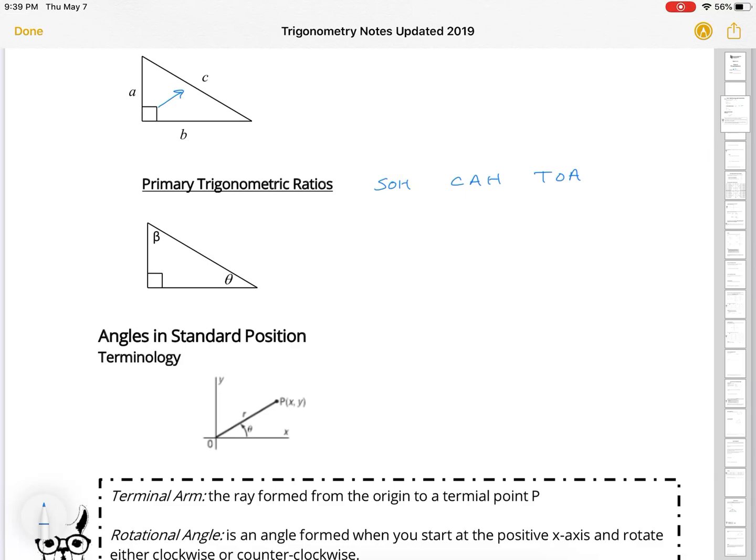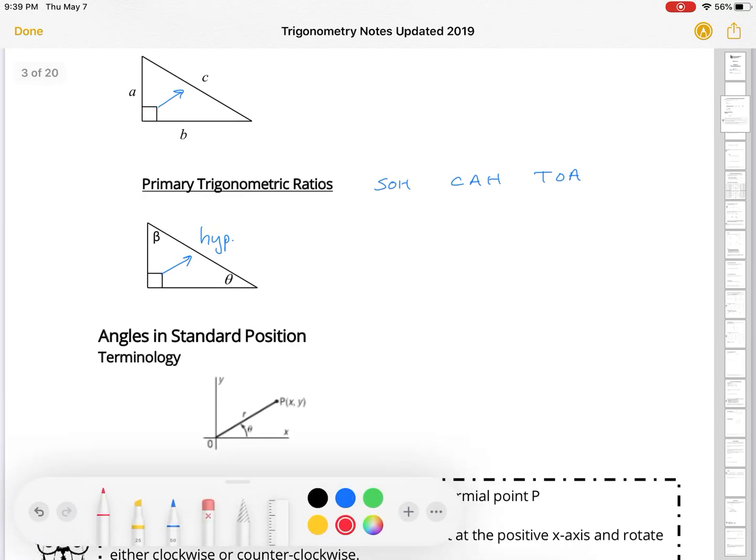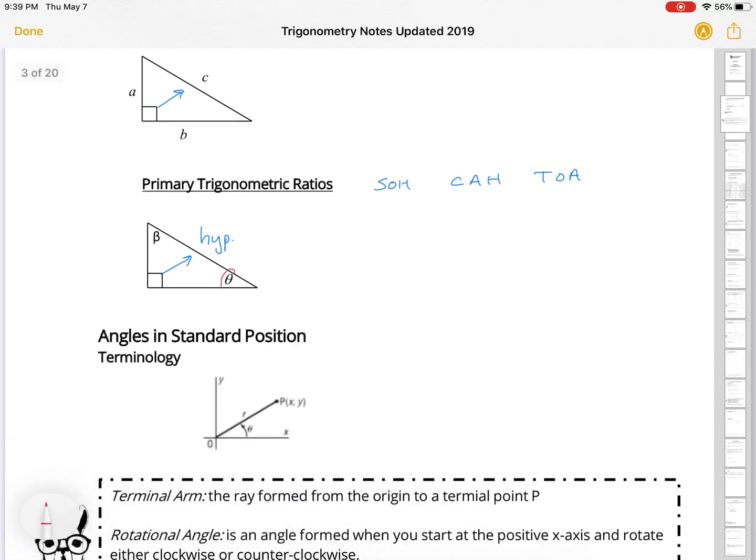We're also going to review our primary trig ratios. And we often use the mnemonic SOH CAH TOA to remember. If we're talking about an angle, this is our right angle triangle, and that's what these primary trig ratios work with. The hypotenuse is always across from the right angle.